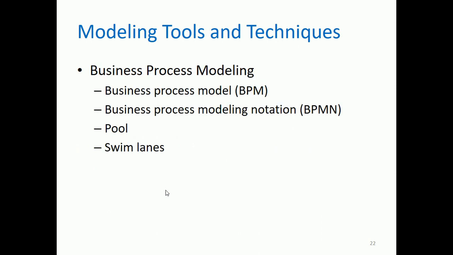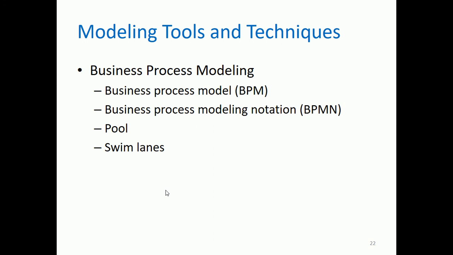Okay, another model is business process modeling or BPM. Business process modeling has a notation. Another example of business process modeling is using the pool and swim lanes. Pool is an example of a business process, and swim lanes depend upon how many actors are in this business process. Example, you're a customer paying at the cashier.